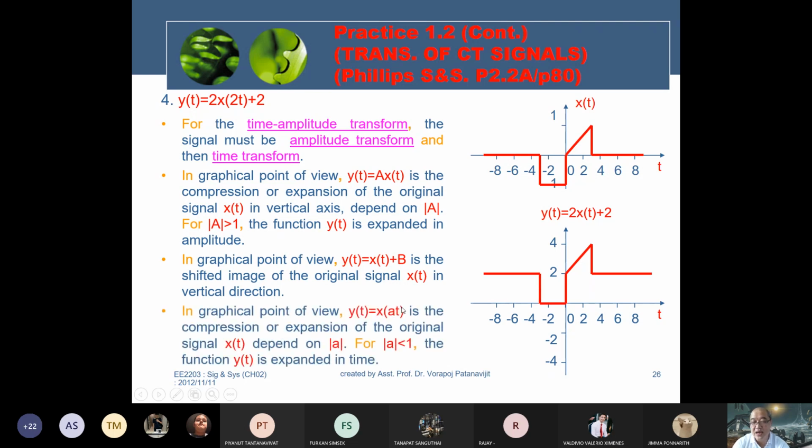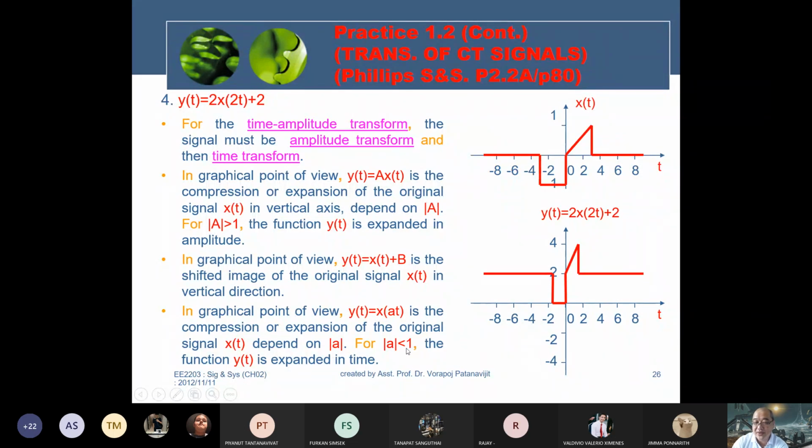The last one we take is the time scaling. In the graphical point of view, y(t) = x(at) is the compression or expansion of the original signal x(t), depending on absolute a. But in this case, a is less than 1, then the function y(t) will be compressed instead.